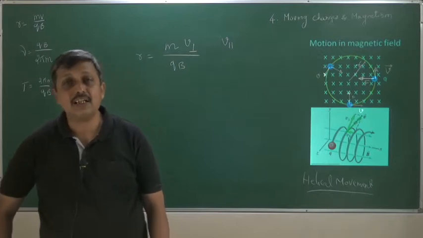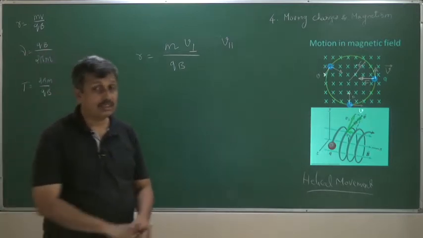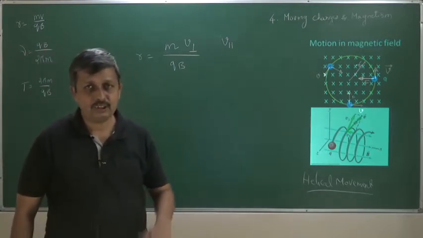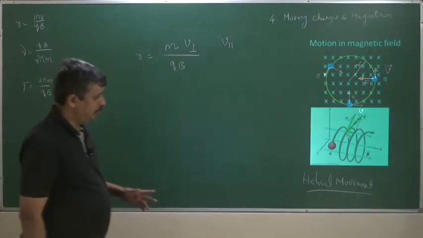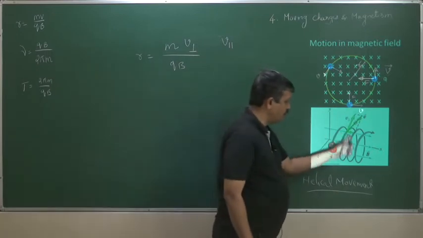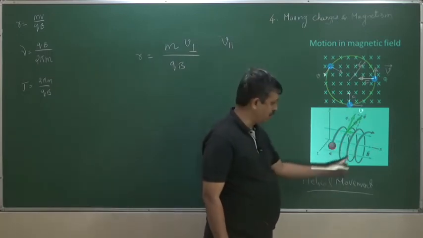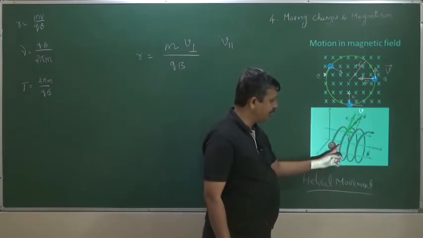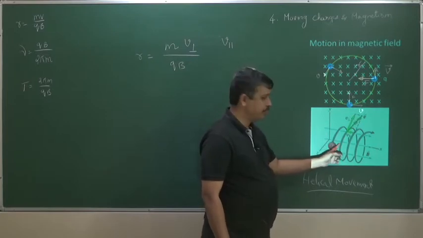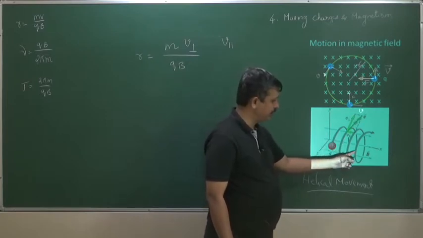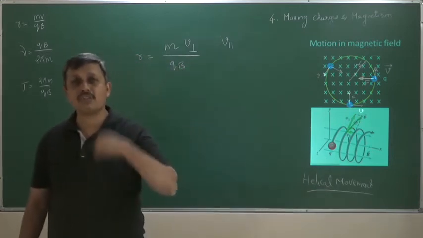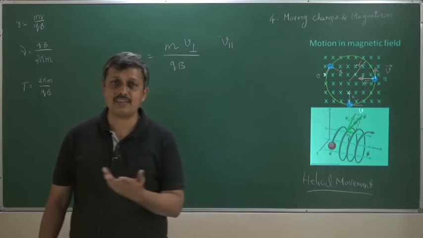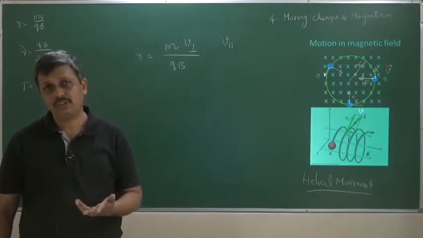Now what is the pitch of the helix? We want to find out how far it has gone in one round, by the time it takes one round. That is called pitch, the distance between each turn.